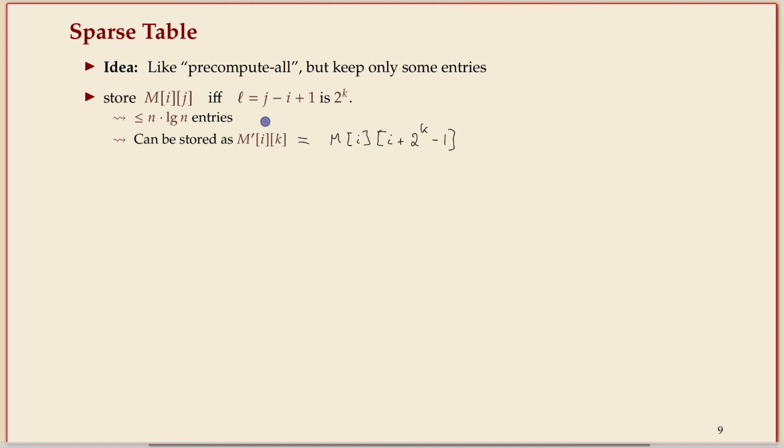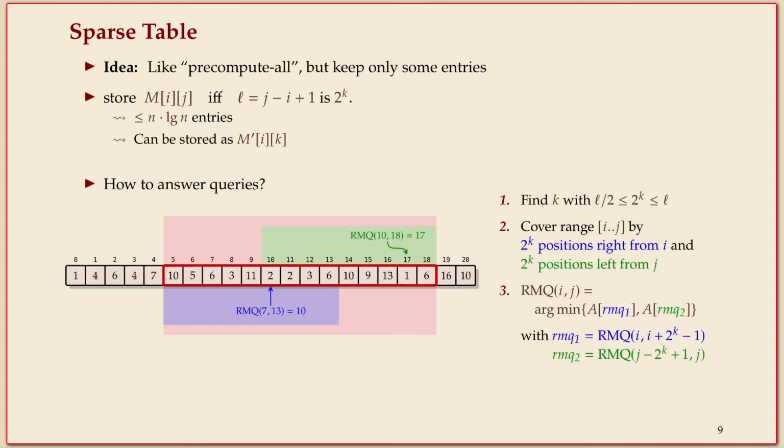Okay, so that's great. We know what we store, but we still have to answer queries, right? So it's not clear anymore if we can still do this, because we haven't stored all the queries. We haven't pre-computed all the answers. The trick is to use something like the argument before. The minimum in a range has to lie somewhere.